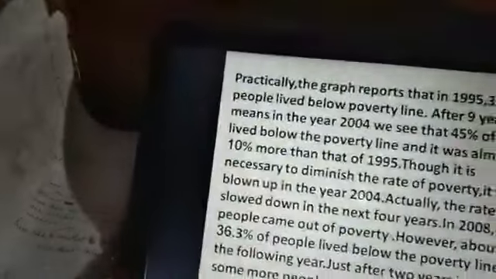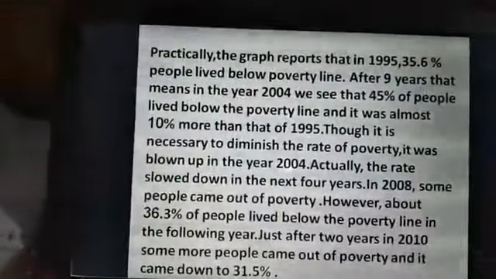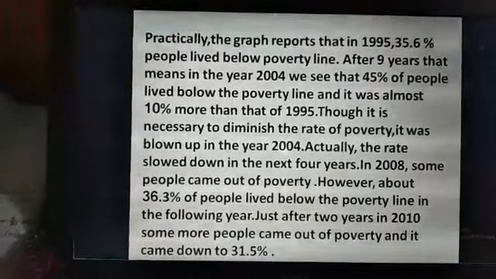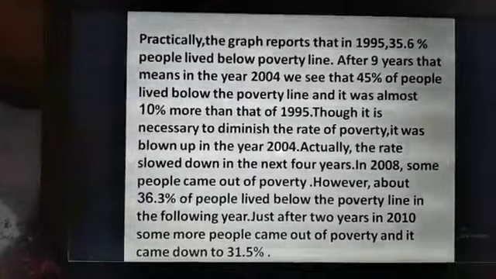We have completed the topic sentence. Now the supporting sentence. Practically the graph reports that in 1995, 35.6% of people lived below the poverty line.